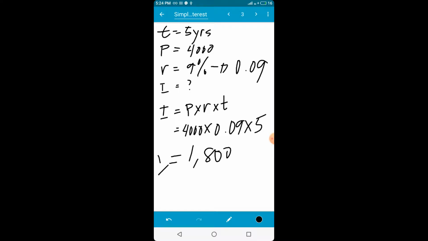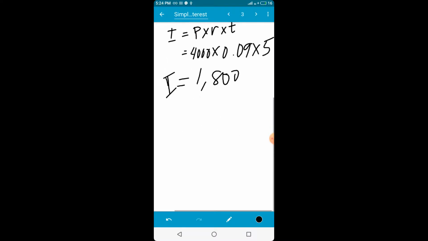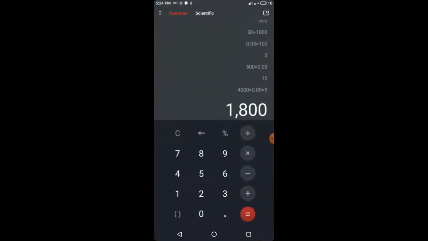Okay? So if you think about it, guys, even if you don't use the formula, just understand what is being asked. The problem says the interest rate given is 9%. So let's take 9% of the 4,000 we invested. Let's use the calculator for that. 4,000 times 0.09 is 360.